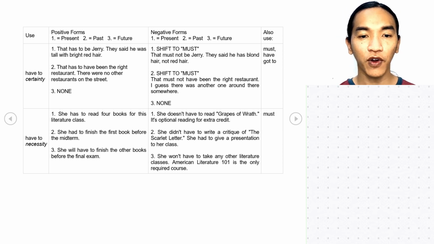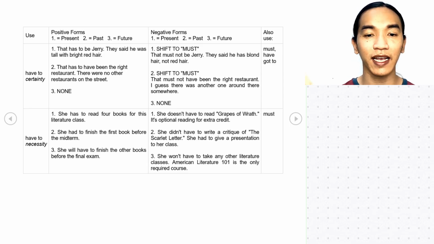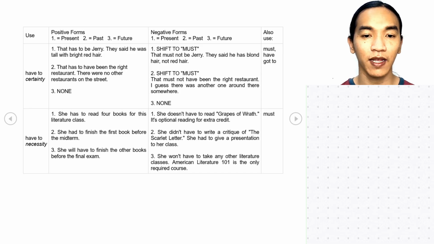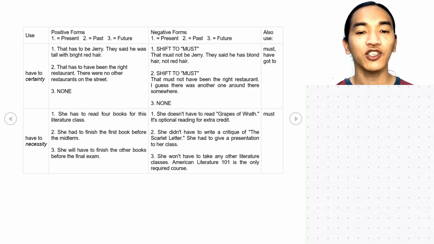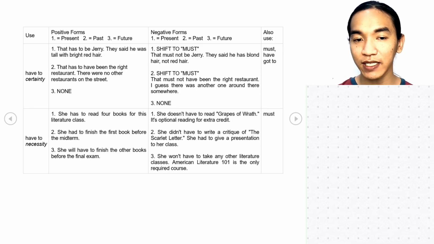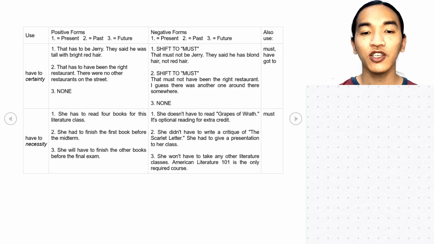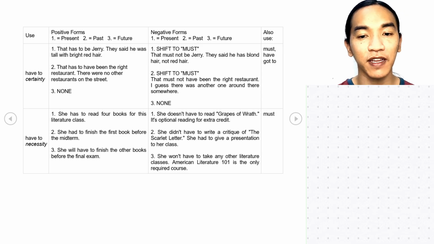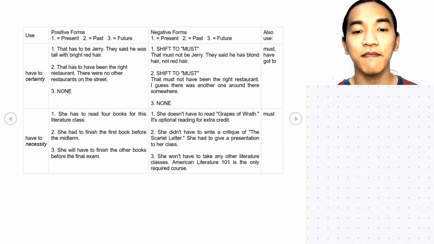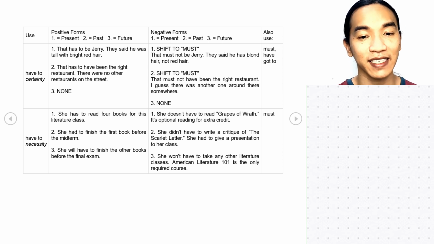Now, for have to, talking about necessity, okay? First, she has to read 4 books for this literature class. So it's like a must. You need to do it. Okay, for the past, she had to finish the first book before the midterm. This is for necessity. And for the future, she will have to finish the other books before the final exam.